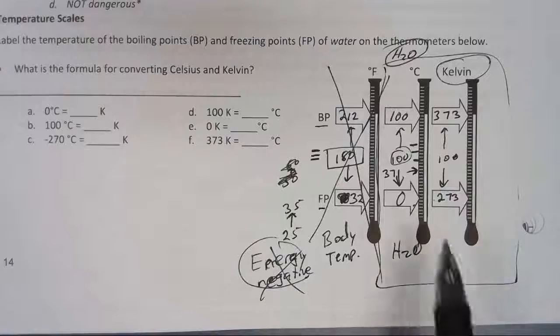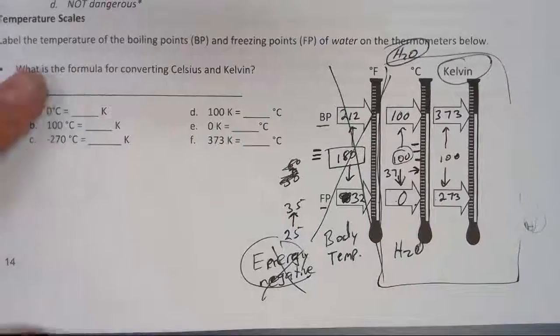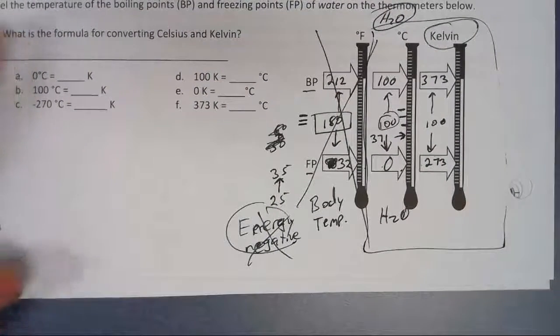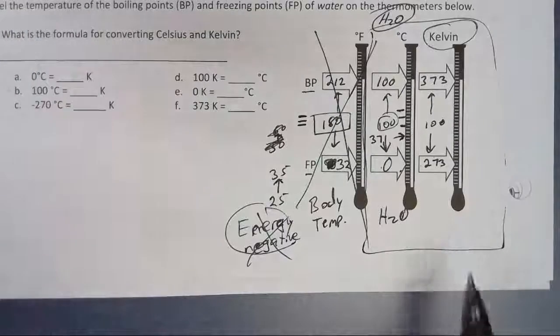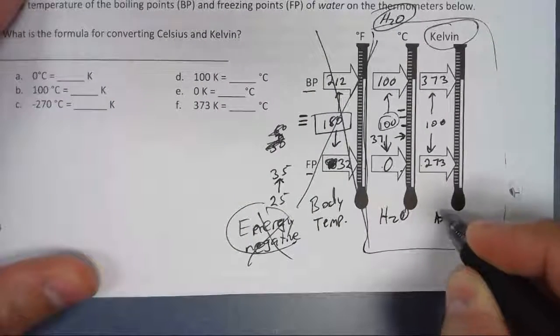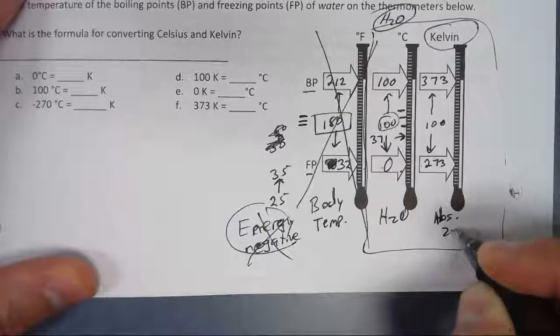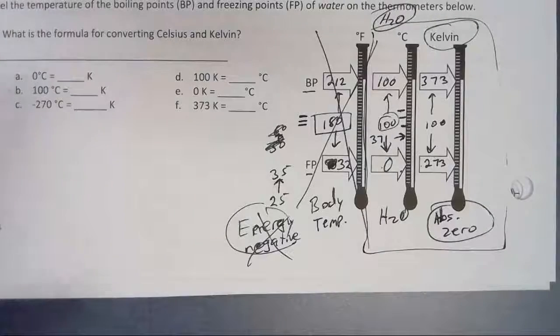If we're talking about that, then really this 0 point is fairly arbitrary. It's just for water, but water is just one substance that we deal with. But if we're going to talk about temperature in general, it makes sense to make the 0 point the absolute 0 point, where there is no kinetic energy. And that's exactly what Lord Kelvin did. He said, hey, let's make this to where the 0 point actually reflects absolute 0. That's what he based his scale off of.